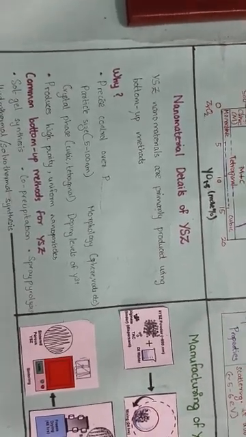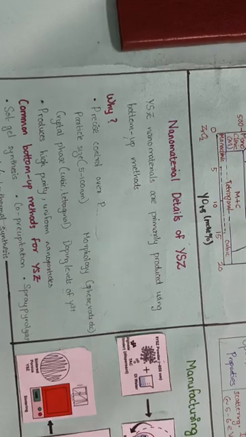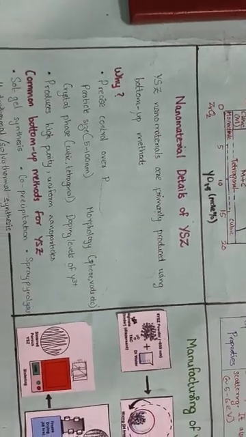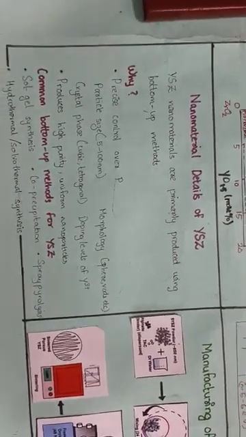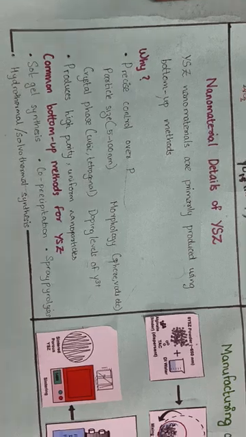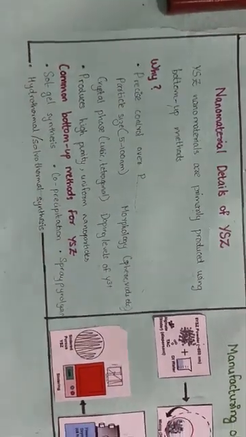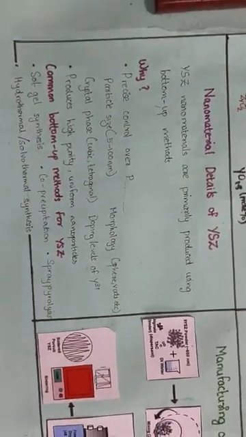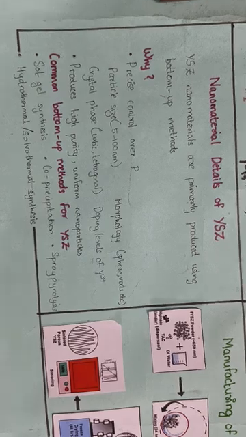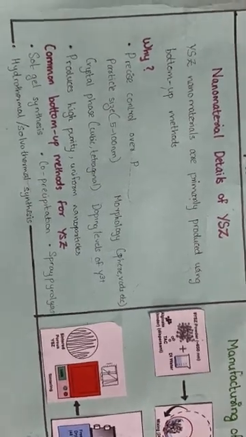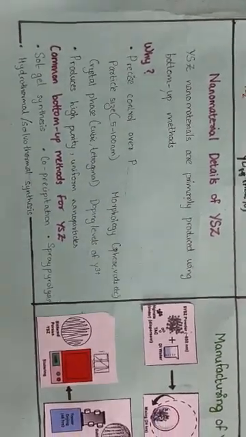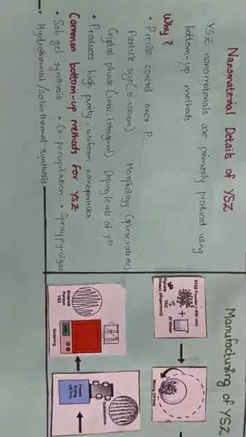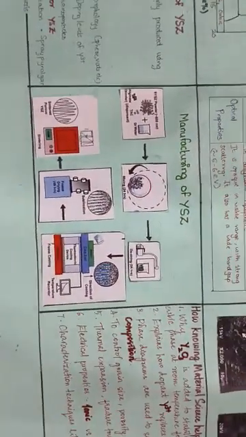The reason is it gives precise control over particle size, and it produces high purity and uniform nanoparticles. The common bottom-up methods for YSZ are sol-gel synthesis, co-precipitation, spray pyrolysis, and solvothermal synthesis.